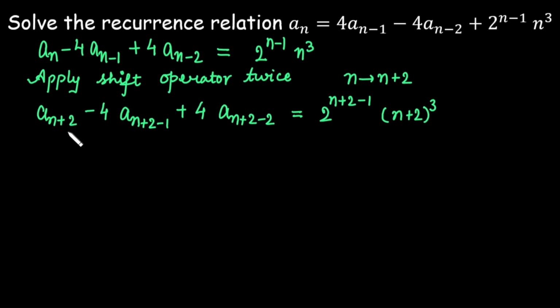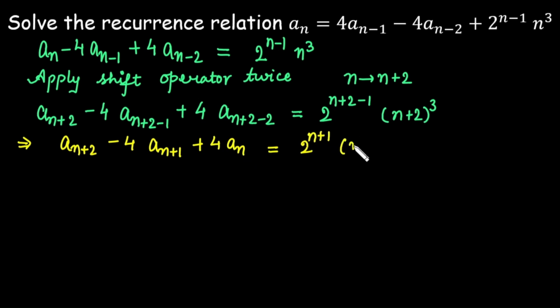In this case, first we will write the homogeneous solution. So from here, first we will simplify this. This is a_(n+2) minus 4 a_(n+1) plus 4 times a_n is equal to 2 raised to power (n+1) into (n+2) raised to power 3.